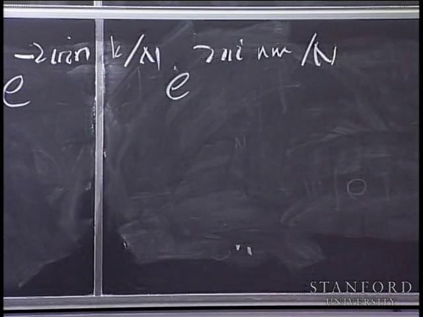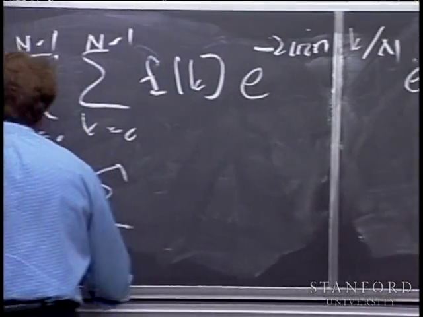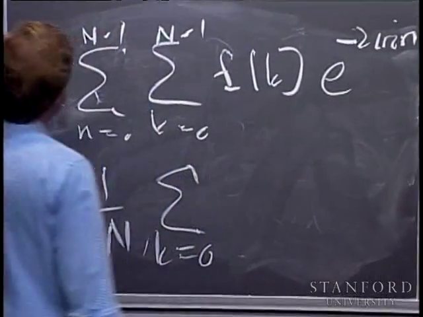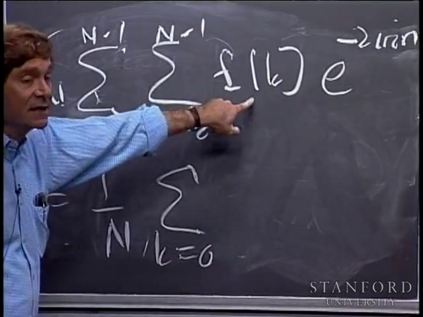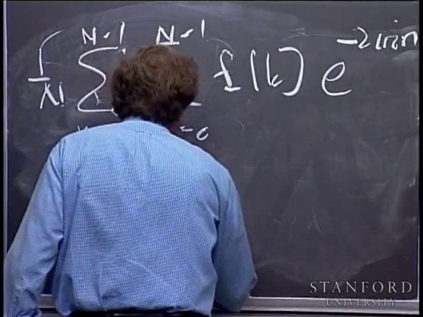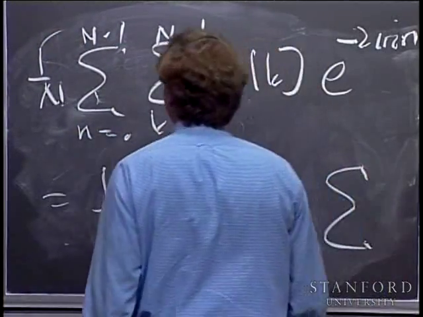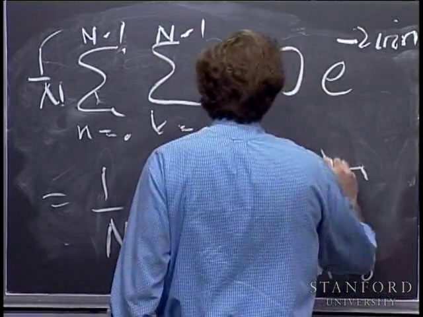It's like swapping the order of integration, a technique we use many times. All right? So this is 1 over N, sum over k equals 0 of the sum over n equals 0. Now this depends only on f of k, does not depend on n, so I'm going to bring that out of the sum: f of k times the sum from n equals 0 up to N minus 1.